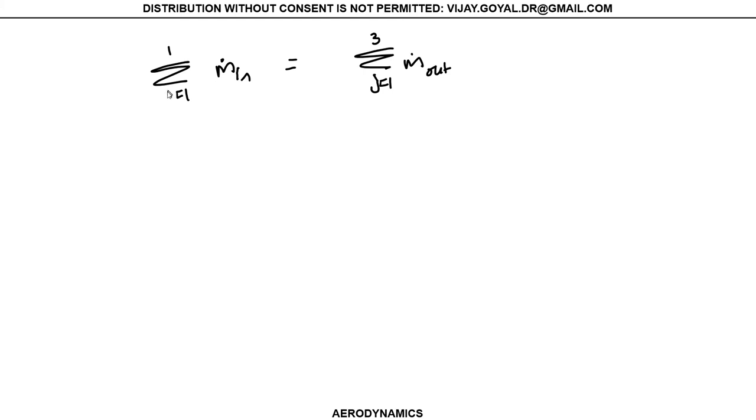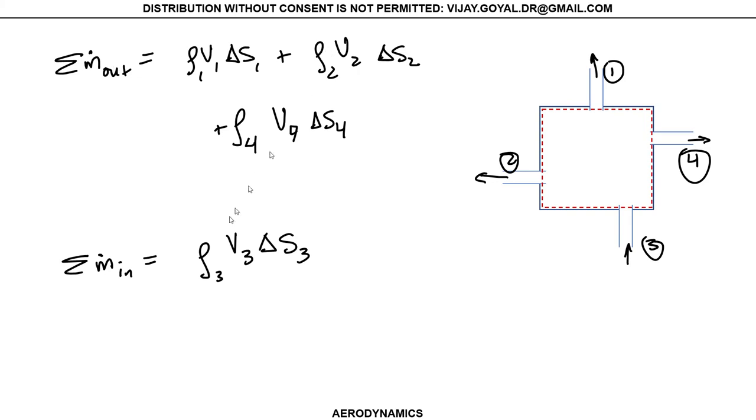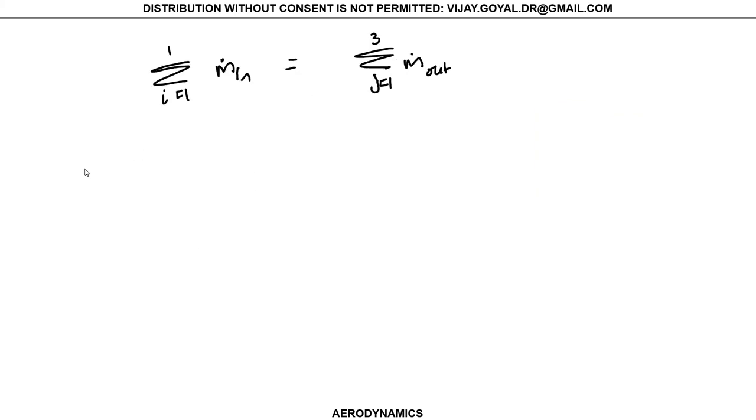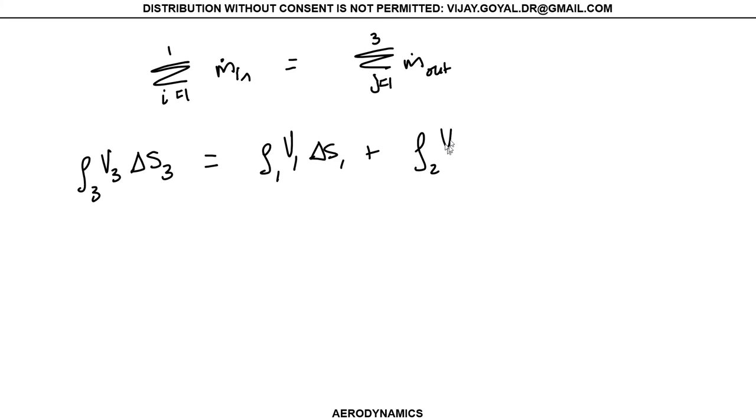So we put everything here: everything that went out, everything that went in. What's going in is rho 3 v3 delta s3. That's going to equal rho 1 v1 delta s1 plus rho 2 v2 delta s2 plus rho 4 v4 delta s4.